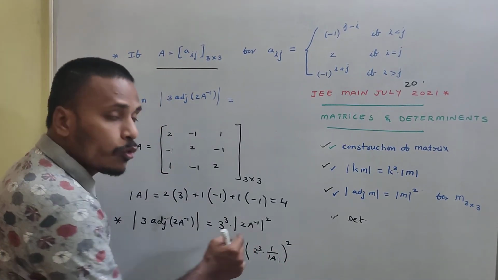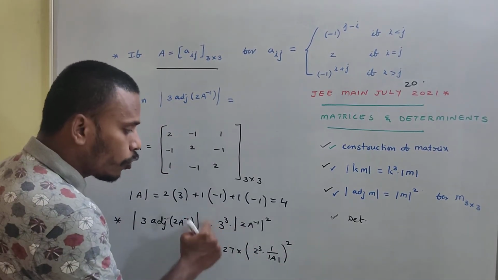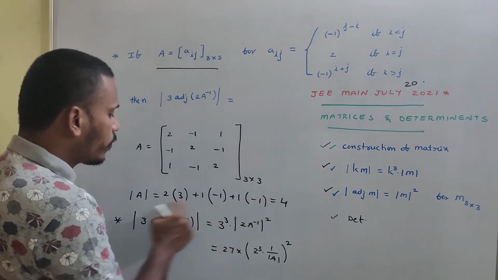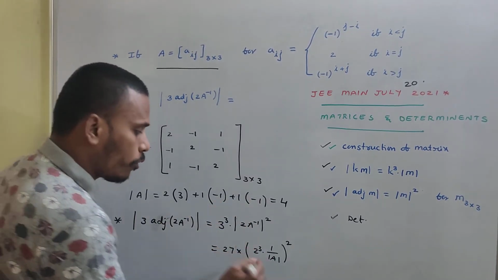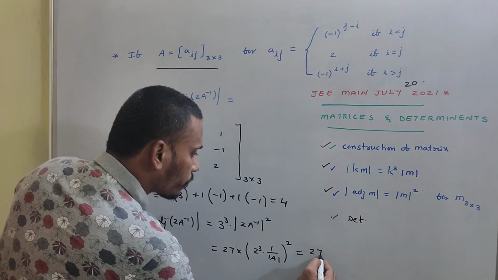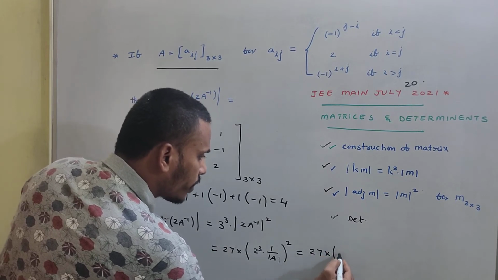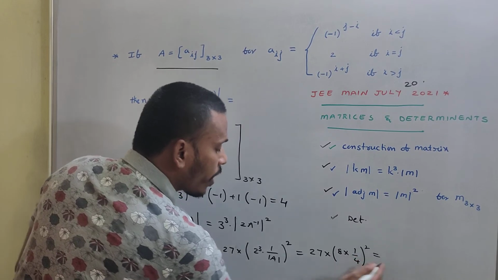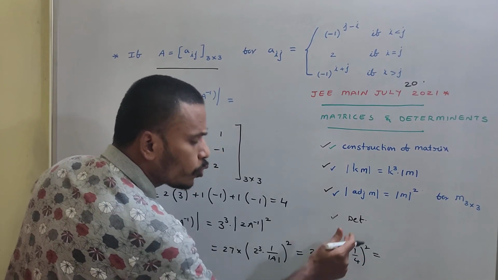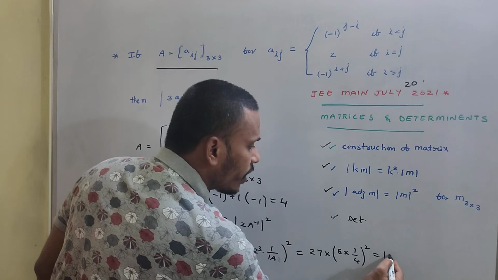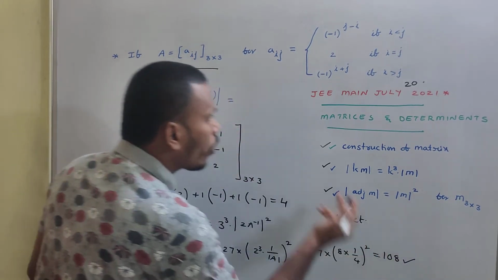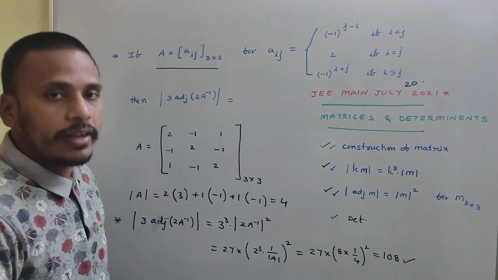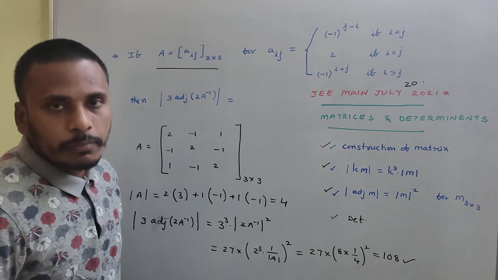And det A is 4, so replace it with 4. Now this equals 27 into 8 into 1 by 4, whole square. If you simplify, 2 squared is 4, 4 into 27 is 108, and your answer for this problem is 108. Very simple.